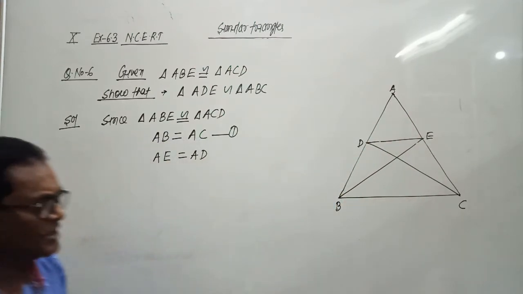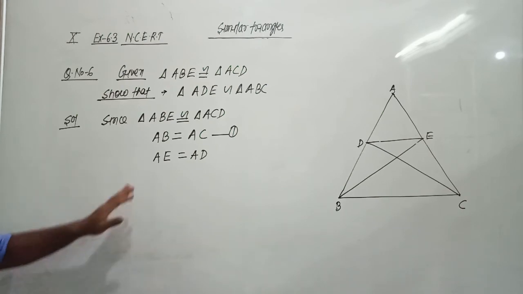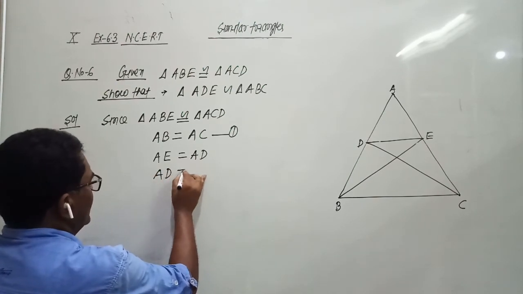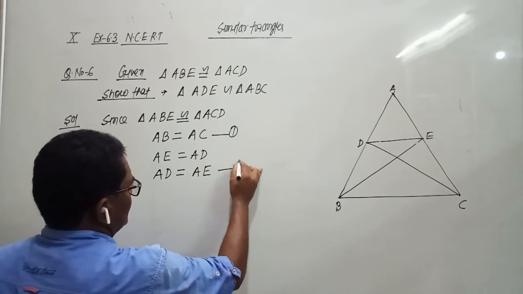These are the corresponding sides. So AE equals AD, and this can also be written as AD equals AE. Name it the second equation.